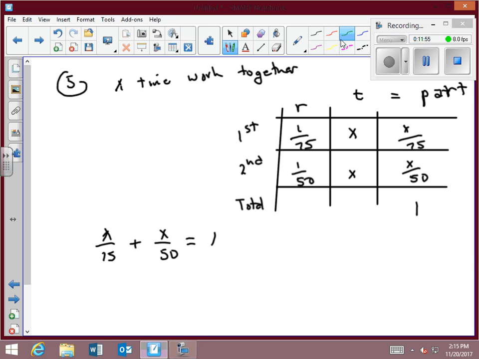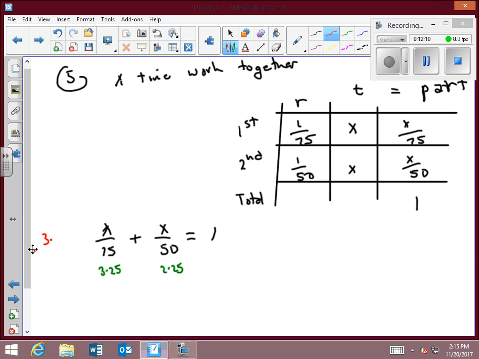Now, the way I would do this, I would say this is 3 times 25, and this is 2 times 25, because the 25 is common to both of them. And then what you can do is you can say I'm going to multiply both by 3 times 2 times 25.